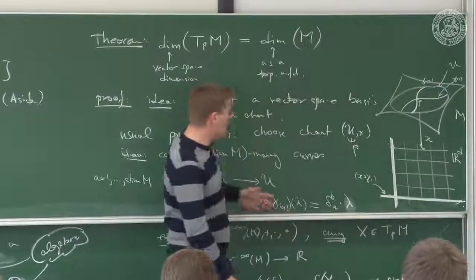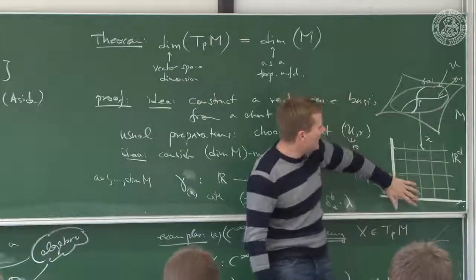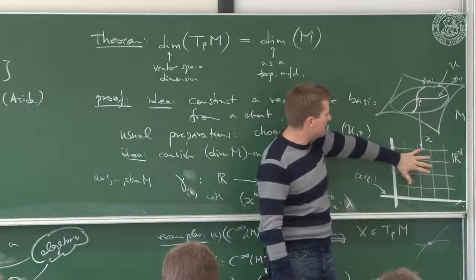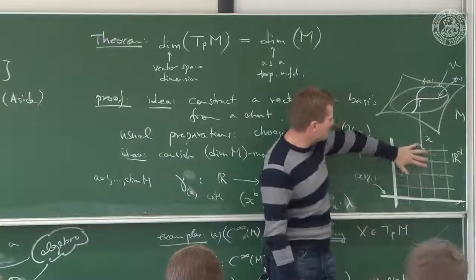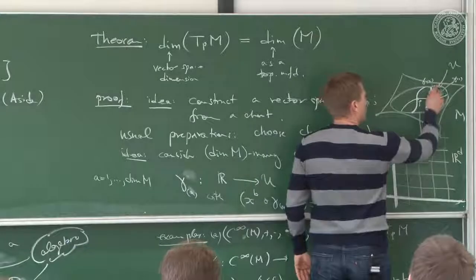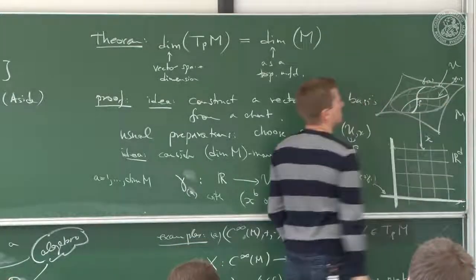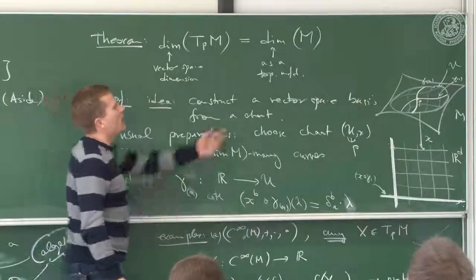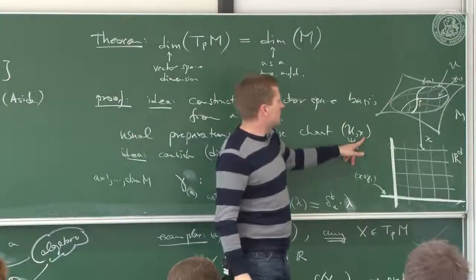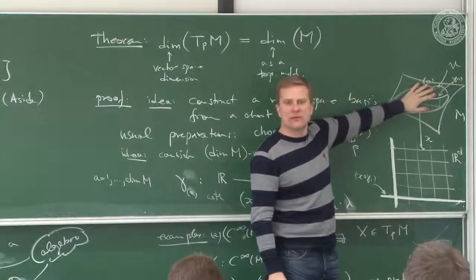So in a sense, if you think about x inverse, I could have also started with the chart representations down here. And by x inverse, I could take the entire coordinate web here and go to the manifold and look for a given chart, what are the coordinate lines if I draw them on the manifold.